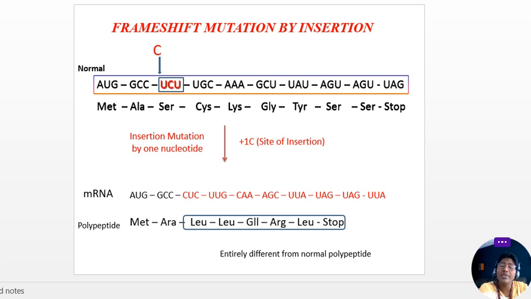Like that, the total frame of codons will be changed in this mutated messenger RNA. Because of the insertion in this mutated messenger RNA, from where the mutation occurs, the total amino acid sequence gets changed. So that is the insertion.